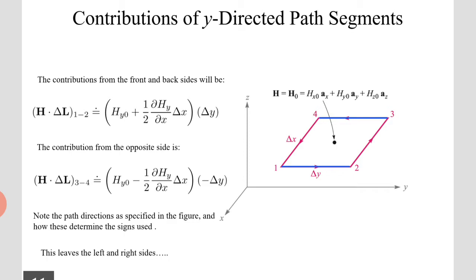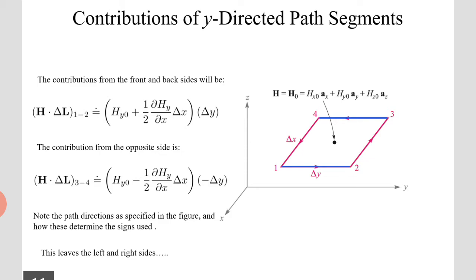The contribution from the front side is the same equation which you have seen previously, and the contribution from the opposite side, that is path 3 4, H dot delta L along the path 3 to 4 is [Hy0 minus half of partial Hy by partial x into delta x] into minus delta y.